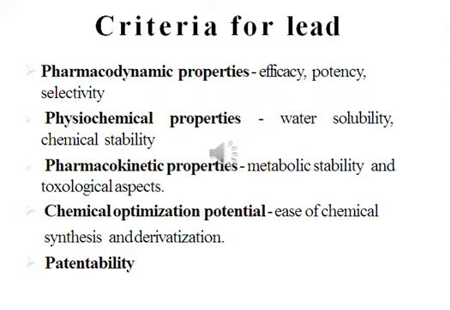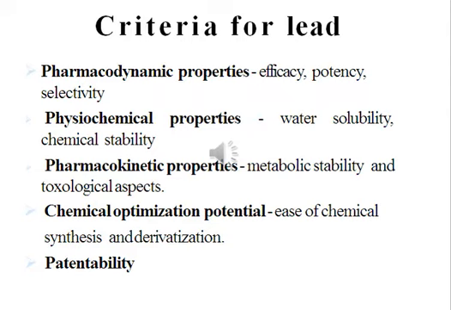And the chemical optimization potential should be there, meaning the lead should be such that it can be easily chemically modified, it should be chemically synthesizable, and we can form a large number of derivatives of that compound, right? There should be ease in chemical synthesis and ease in chemical derivatization. Lastly, the lead should be patentable, meaning it should be a new one, right?